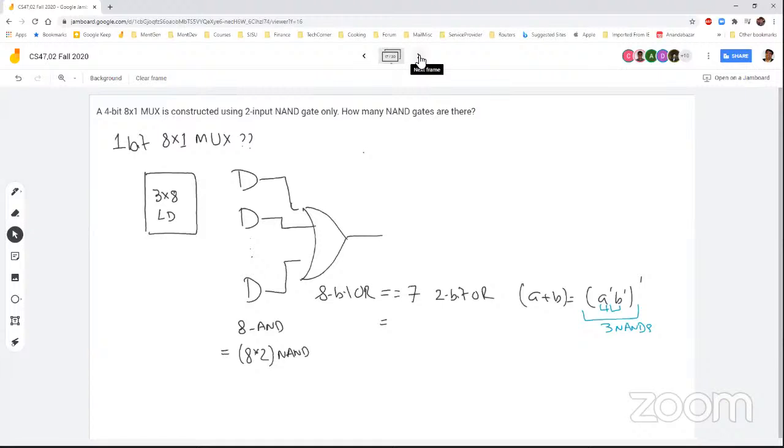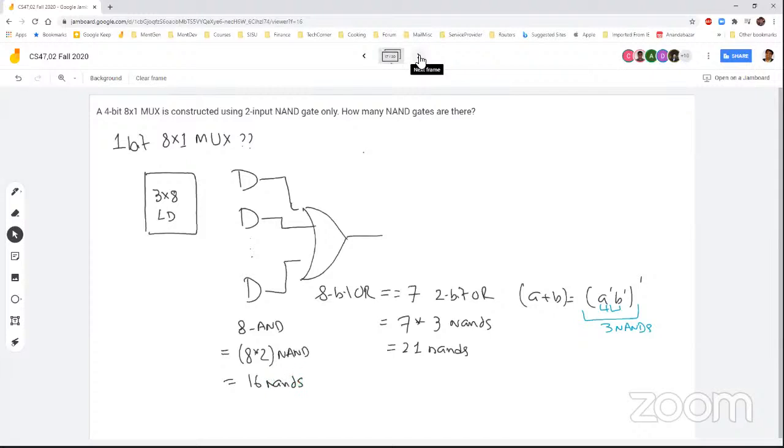So that means it is 7 multiplied by 3 NANDs, which is 21 NANDs. And this is like 16 NANDs.